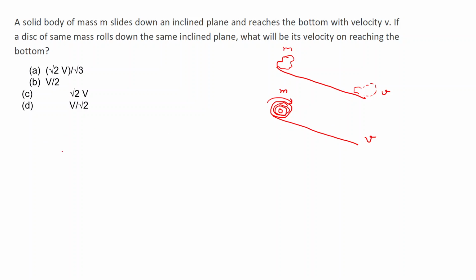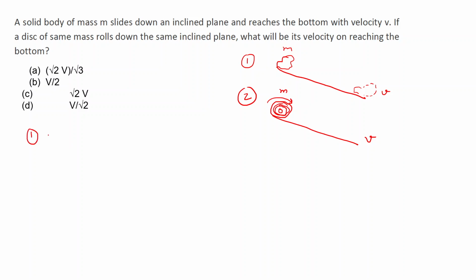So first we'll see what is the energy here for this first body, and this is the second body, which is a circular disk.